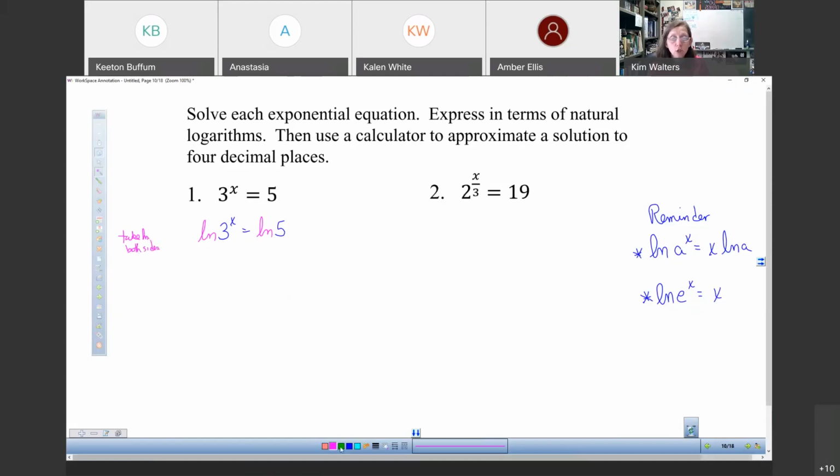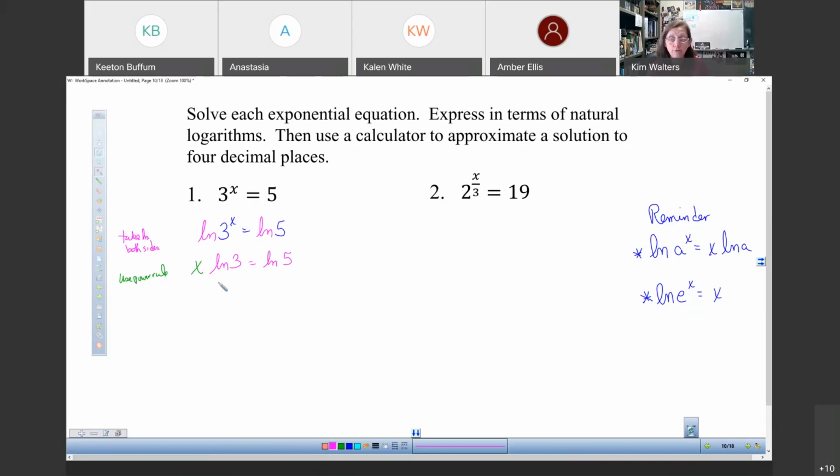Then we're going to use that power rule. And that means my x here is going to come down in front, x times the natural log of 3 is equal to the natural log of 5. Well, guys, remember what I wanted to solve for? I wanted to solve for x. So how do I solve for x? I divide both sides by everything that's not x, okay?